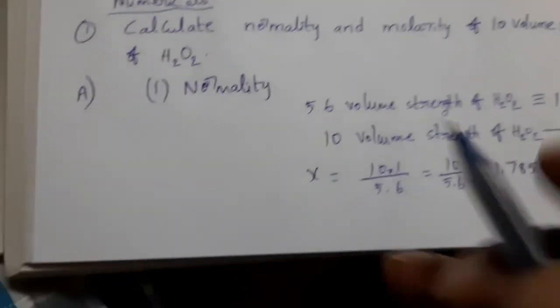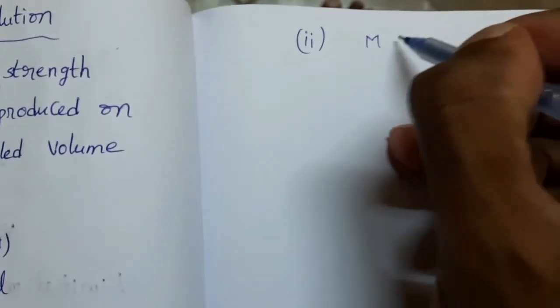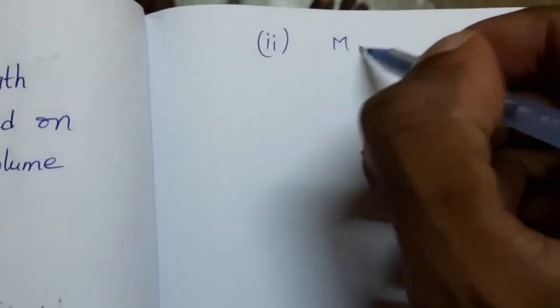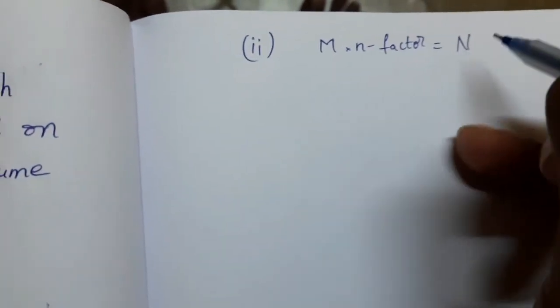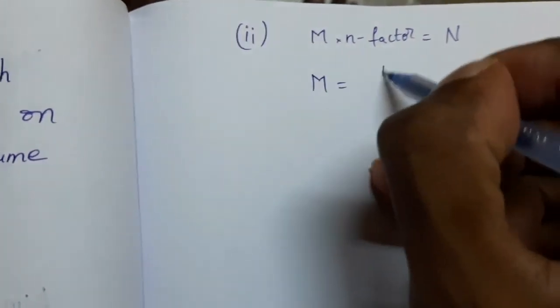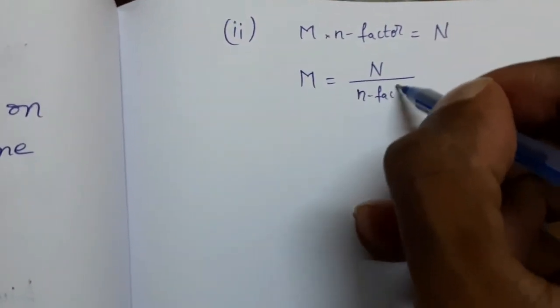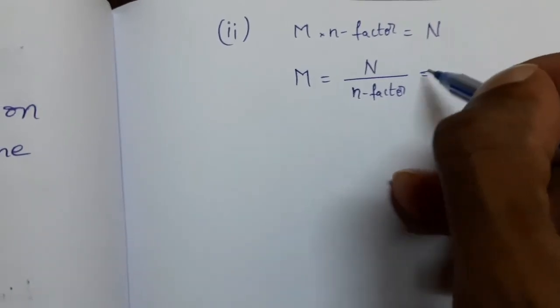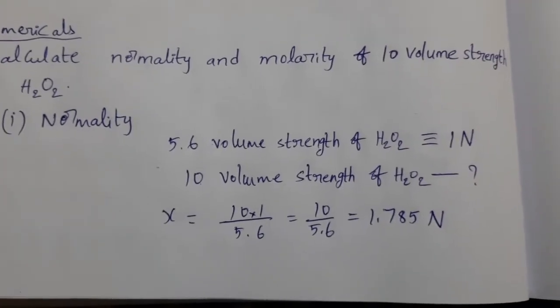Okay, students. Now calculate molarity. We want molarity. Molarity into n factor equals normality. So molarity equals normality divided by n factor. In the previous step, we calculated normality 1.785.